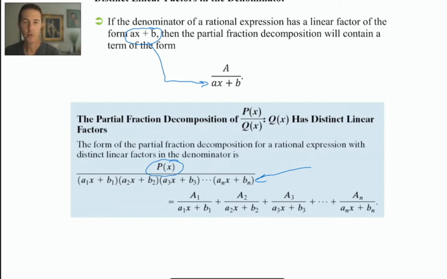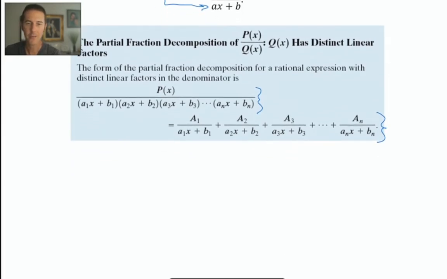If you were to decompose that and turn it into the sum of a bunch of fractions that had each of those linear factors from the first denominator, this is pretty much the format that it would take on, right? This would be the question, and all of this stuff would be the answer.